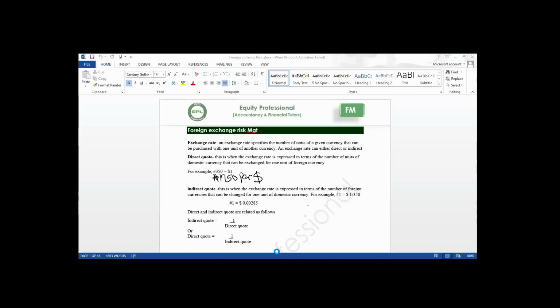That means there must be a conversion rate at which Naira will be converted to pounds. That conversion rate is the exchange rate.